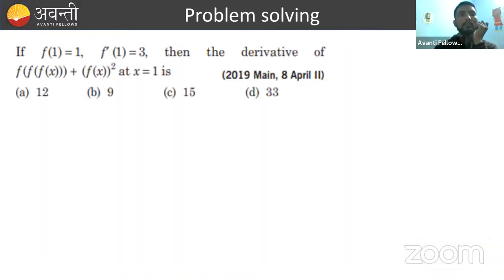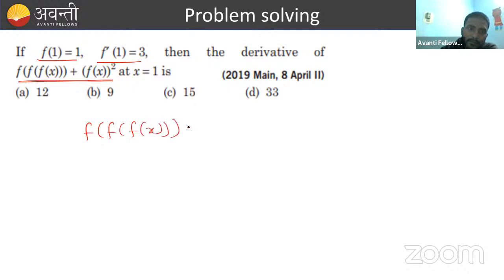There are a few things here also. We can do one more problem, then we will leave. We have f of 1 and we have f dash 1, and we have to find the derivative of this function. This is very easy if you know the chain rule. So I will start doing the derivative.